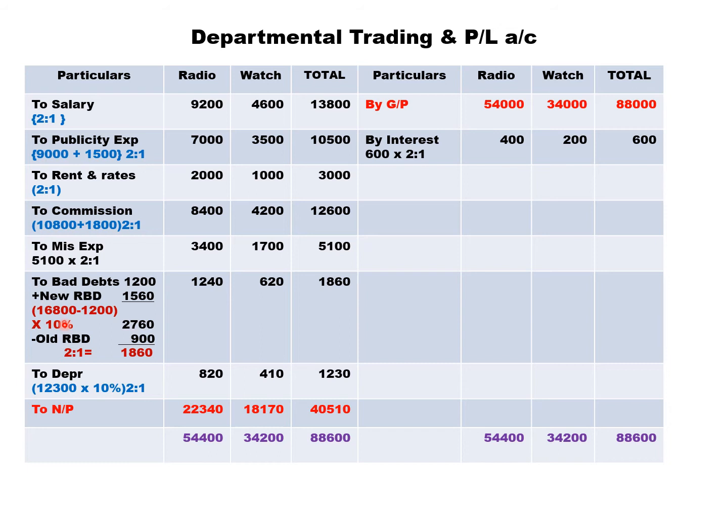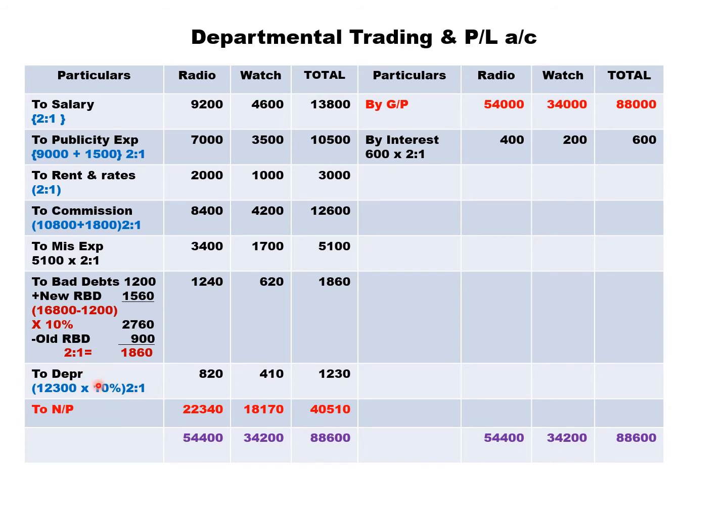That is called good debtors. On good debtors 15,600, you should calculate 10% RBD. We get 1,560, total 2,760, less old RBD 900, so 1,860 you should distribute in 2:1.